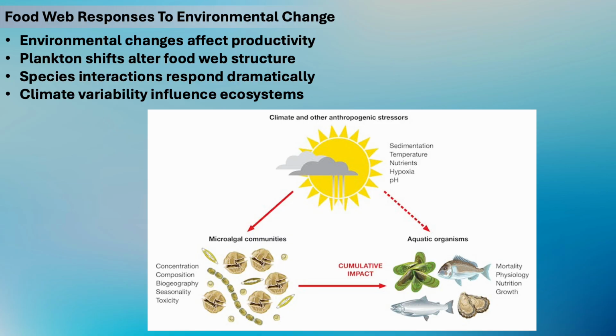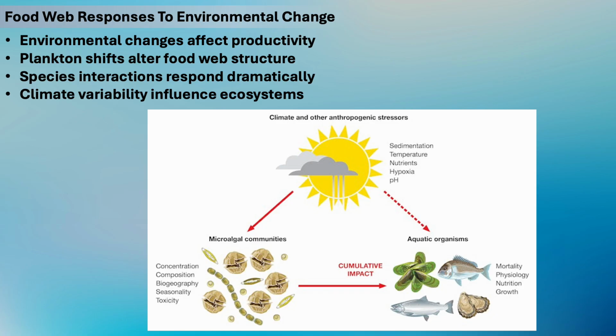Marine food webs are not static structures. Instead, they respond continuously to changes in environmental conditions. Because primary production forms the base of marine food webs, any factor that influences phytoplankton production can affect organisms throughout the entire ecosystem.